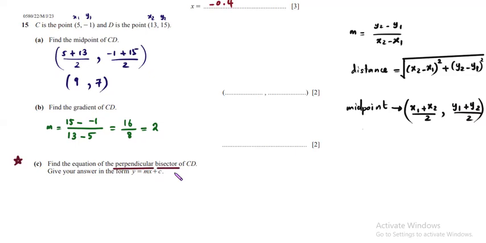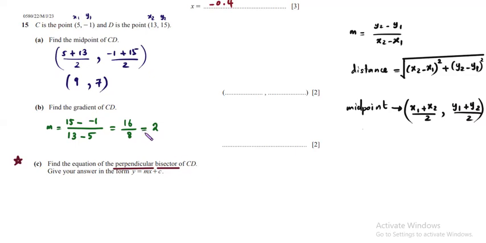Now, to find the perpendicular bisector of CD, we need to find the gradient of the perpendicular line first. First we need to identify the gradient of the line CD, which we have already figured out, that is 2. To find the gradient of the perpendicular line, we do the negative reciprocal of that gradient.